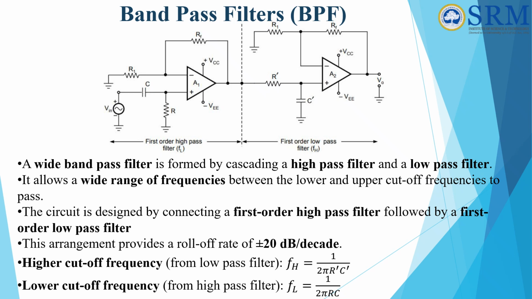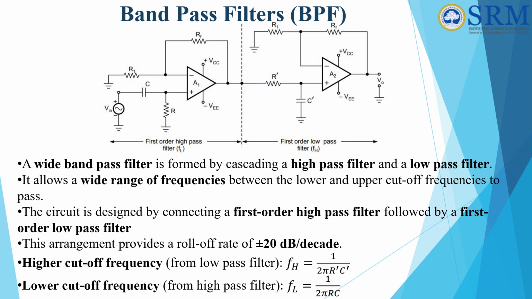The low pass filter stage blocks high frequency signals above FH and allows lower frequencies to pass. When both the HPF and LPF combine, it only allows the frequencies between FL and FH to pass through the circuit. This creates the bandpass region.